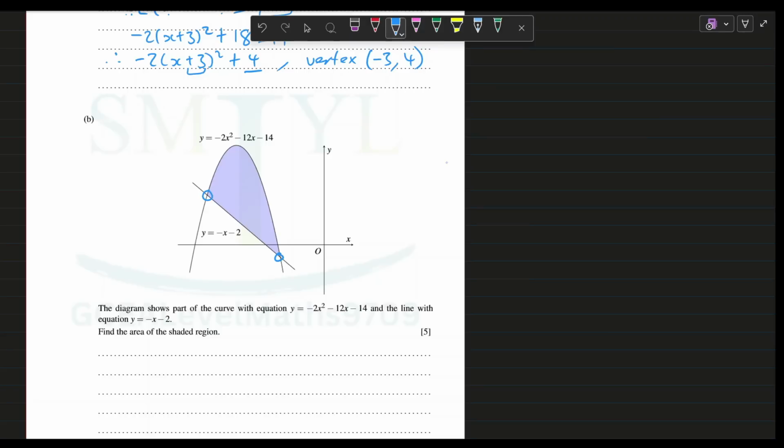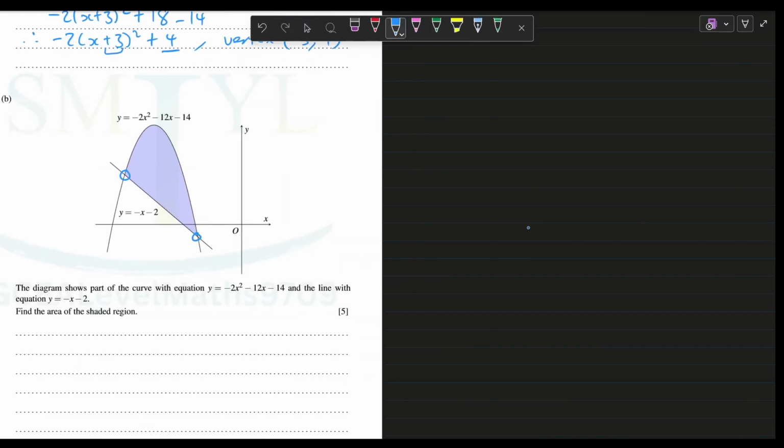So let's first solve our two equations simultaneously to get our points of intersection. So we've got y is equal to negative 2x squared minus 12x minus 14, and we've got y is equal to negative x minus 2. So we can equate this part to this part and say negative 2x squared minus 12x minus 14 is equal to negative x minus 2.